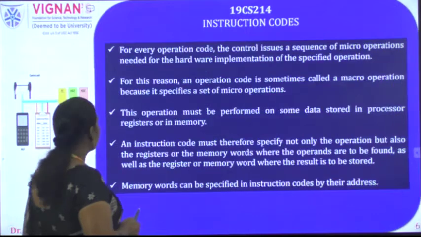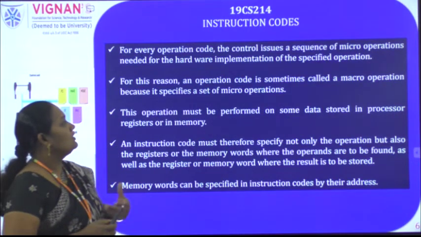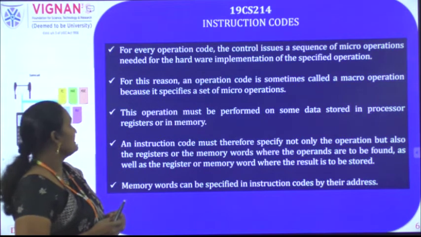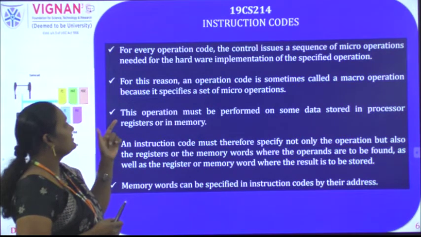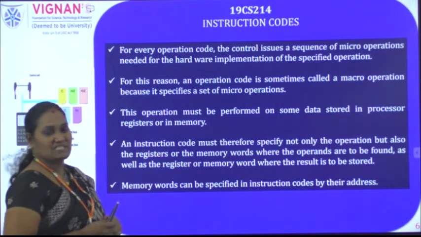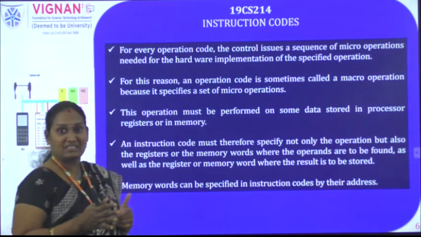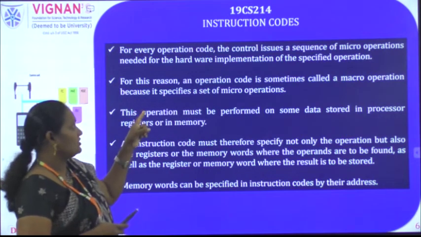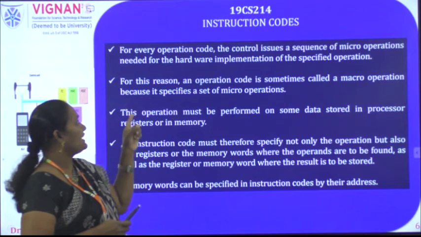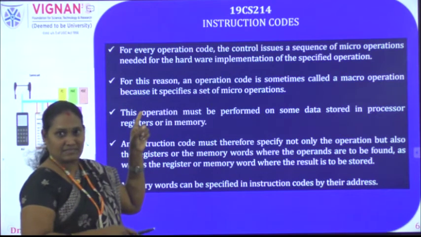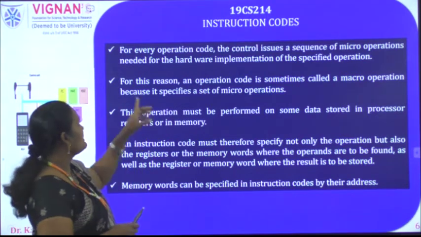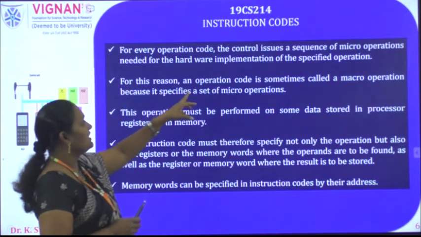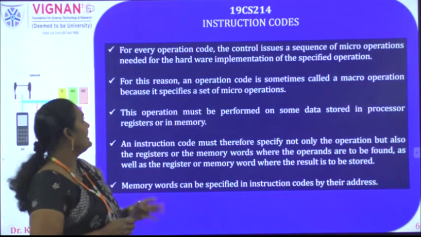For every operation code, the control issues a sequence of micro operations needed for the hardware implementation of the specified operation. Not only for the internal registers, it also issues control signals for the hardware to implement the specified operation.